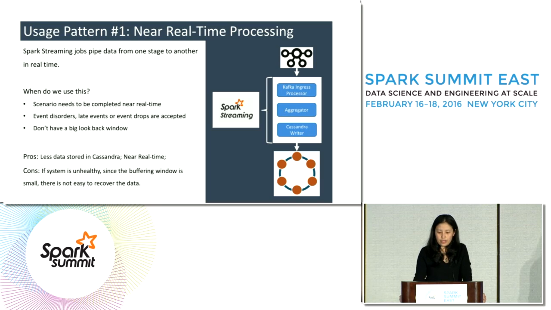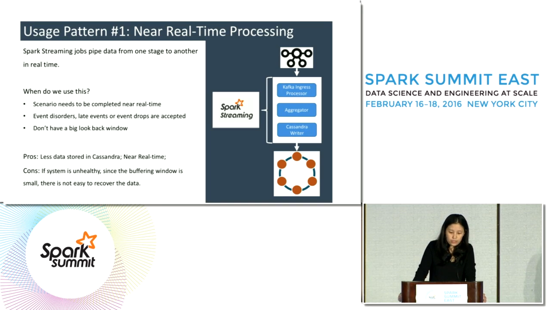So it pipes data from one stage to another. For example, we have a Kafka ingress processor, which will take the data from Kafka and do some normalization. Then we have an aggregator, which will do all kinds of aggregation in a small time window, like 5 minutes. And then the Cassandra writer will write the result to Cassandra.